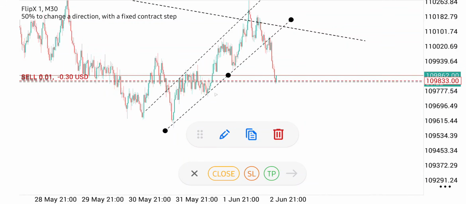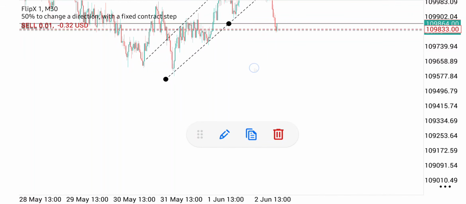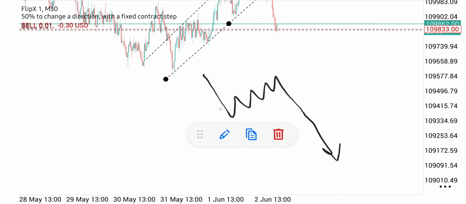A flag pattern is simply a trend continuation chart pattern. You notice these patterns are simply trend continuation patterns. This is a flag.